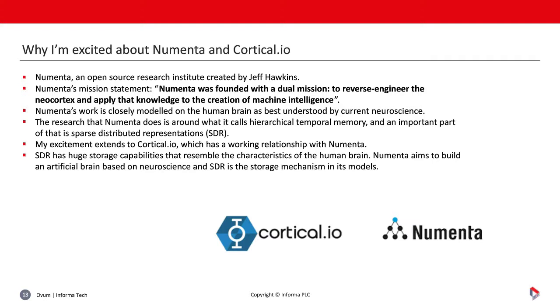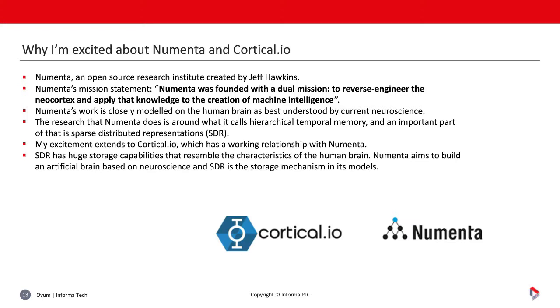And SDR has a lot of parallels with the way human memory is structured. So hopefully that has given you a flavor of why I'm excited about SDR, Numenta, and hence Cortical. And I think that it has a lot of future in it.